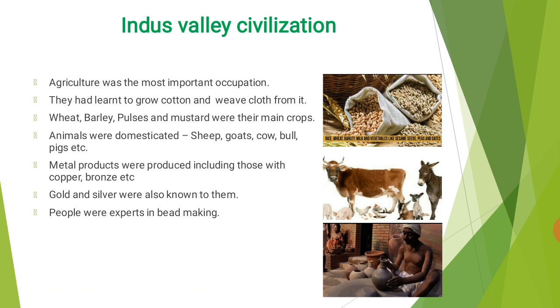Agriculture, that means social life. Let us come back to the social life of the Indus Valley civilization. The people of Harappan culture depended on agriculture and trade. Wheat, barley, pulses and mustard were their main crops.